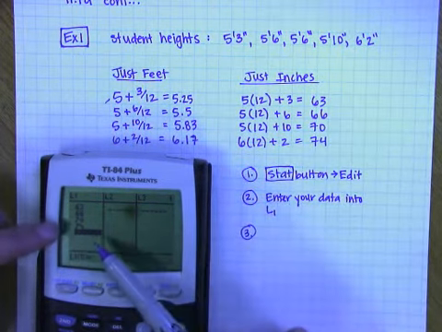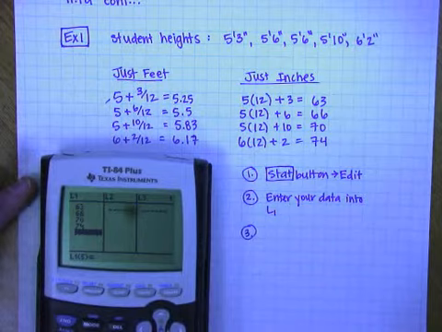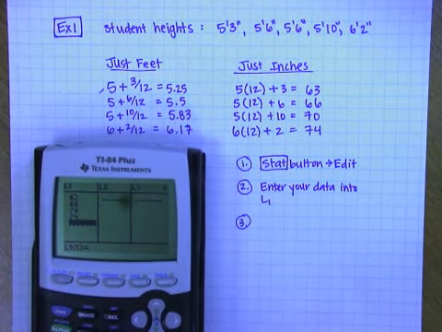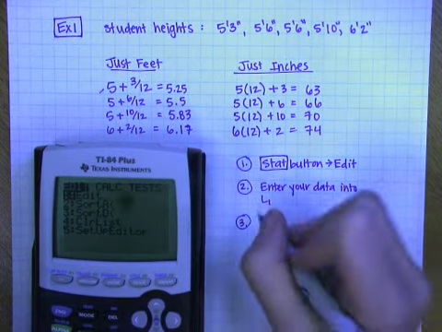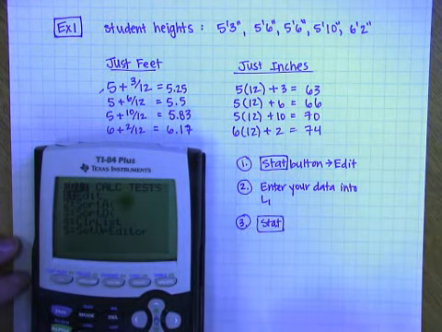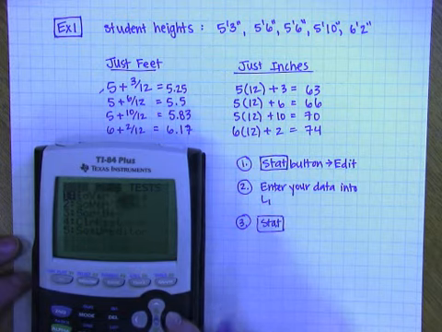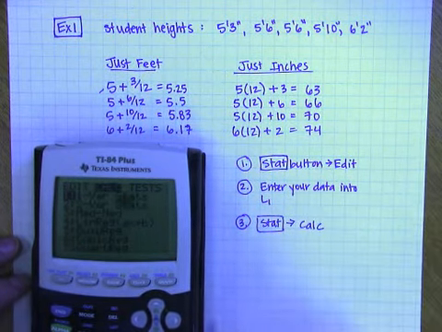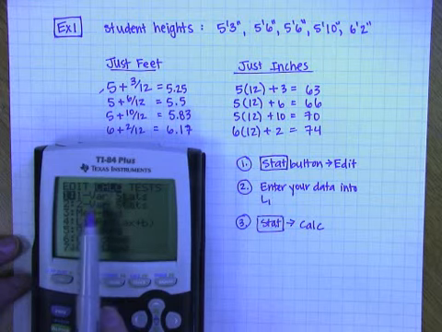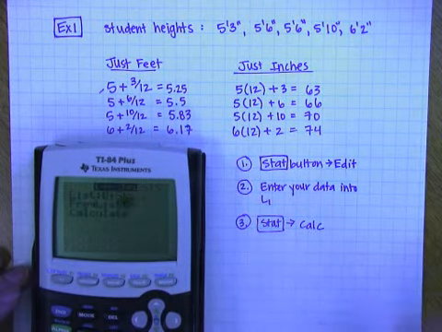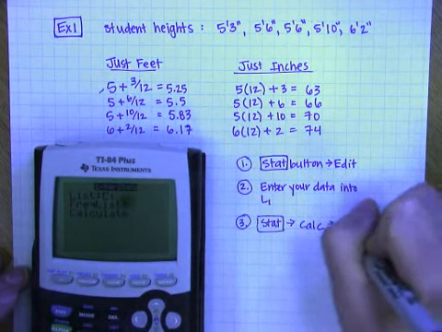After you enter your data points into your list, your graphing calculator can actually do all of the important things that we found today for you. So you're going to hit the stat button again. This is going to save you guys some time. And once you hit stat, this time you're going to go over to the calc menu. And since this is just a one variable statistic, we're just looking at one thing, we're looking at height, we're going to hit enter on one var stats.